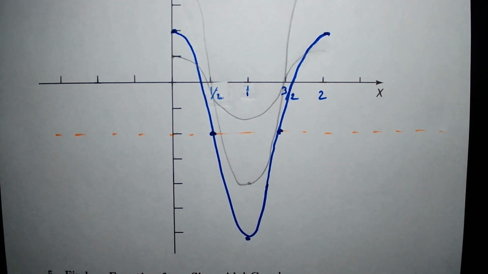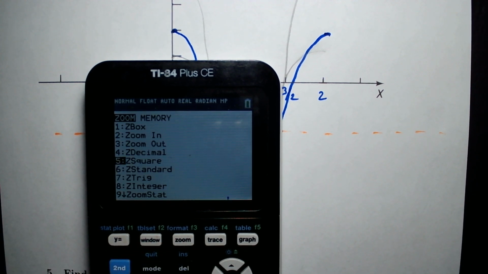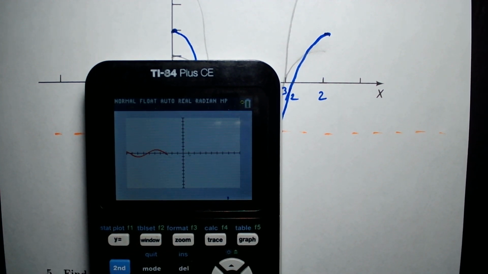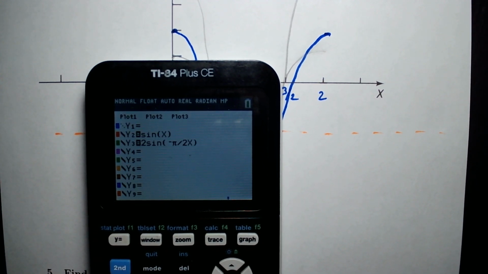Well, let's put it on the graphing calculator. Let me do standard zoom this time. Oh, I shouldn't have done that yet. I won't be able to do this one until it's graphed. All right. So I'm going to graph the original cosine function along with 4 cosine of, and then minus 2.